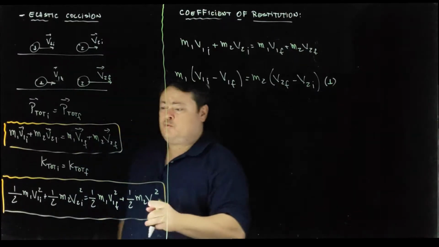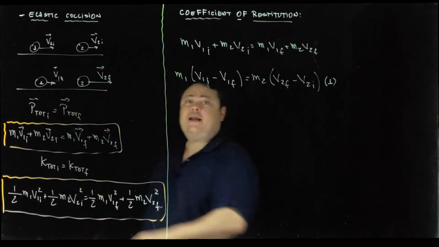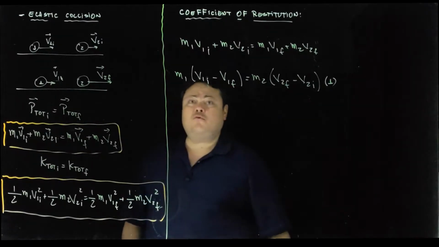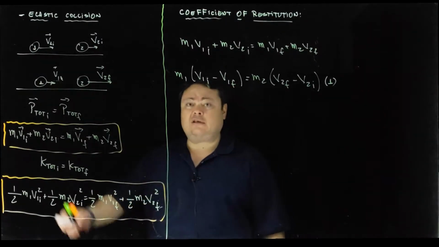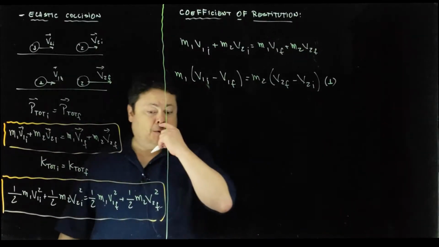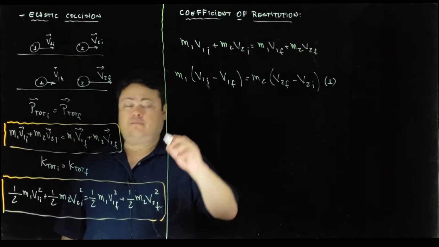And now, let's work on the equation from kinetic energy, and let's start from this equation and do the same thing. Move everything that depends on 1 to the left-hand side, and everything that depends on 2 to the right-hand side. Then this equation can be rewritten as follows.